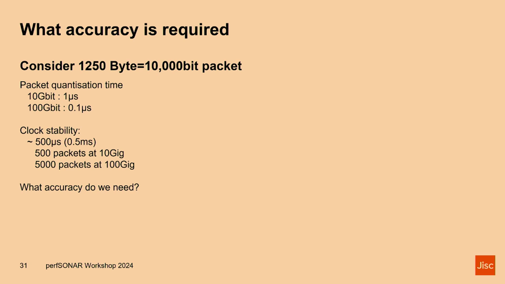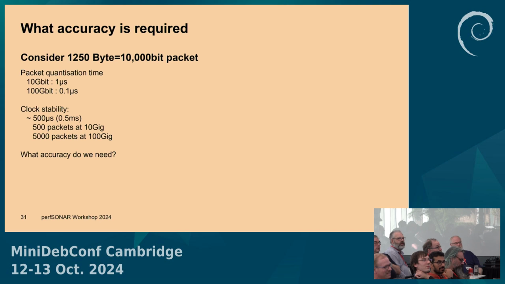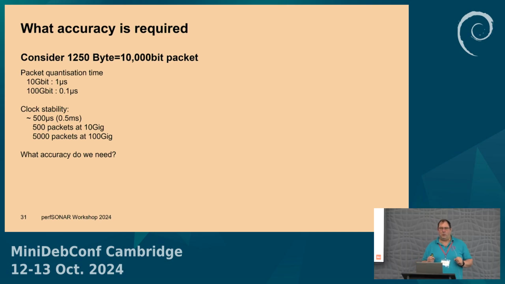So if you considered a 1250 byte packet, that is 10,000 bits. So the packet quantization time at 10 gigabits is 1 microsecond, or at 100 gigabits is 0.1 microsecond. So in order to measure packet delays accurately, you want to get some fraction of that.